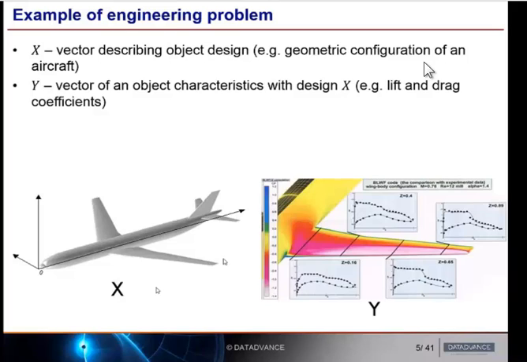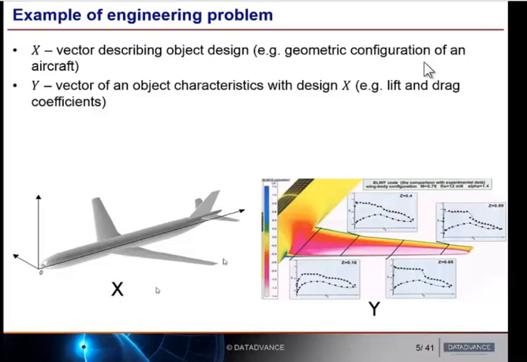Also, we suppose that there is a known rule which maps object design X to the object characteristics Y. And this rule could be calculated through, for example, some CFD code, some numerical simulation, or using physical experiments in wind tunnel.